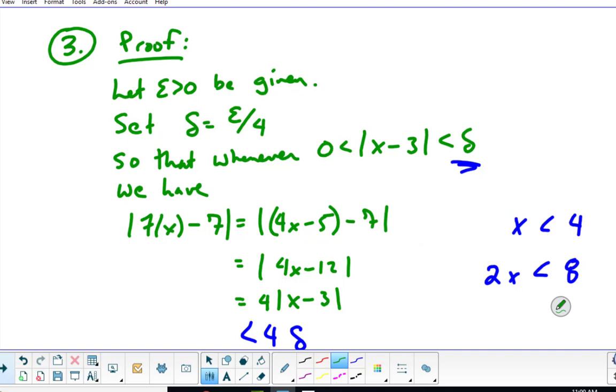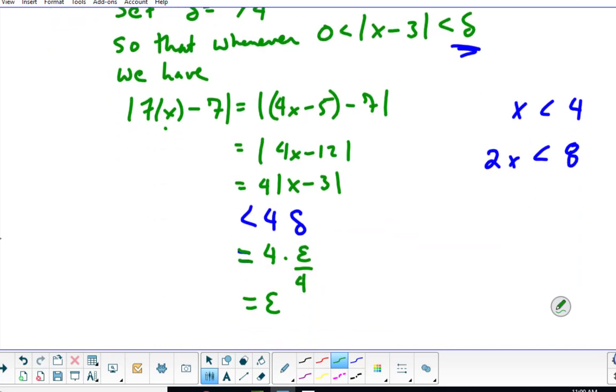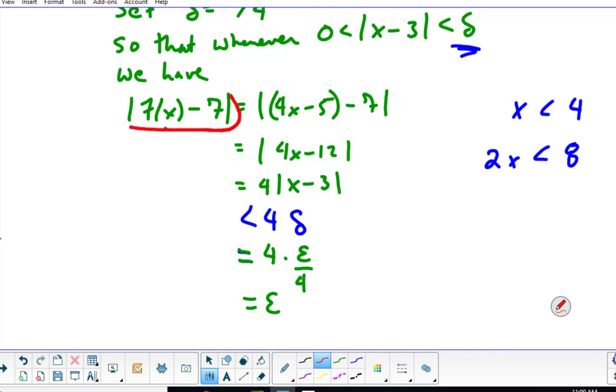This represents the distance between the y values and what we think the function is. And what did we eventually show? We showed that this distance is less than epsilon. Okay? So the upshot is we show that this is less than epsilon, which is what we were trying to show.